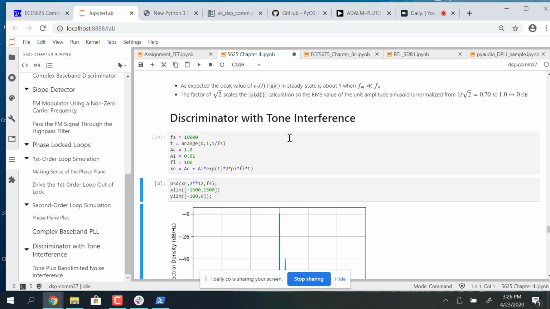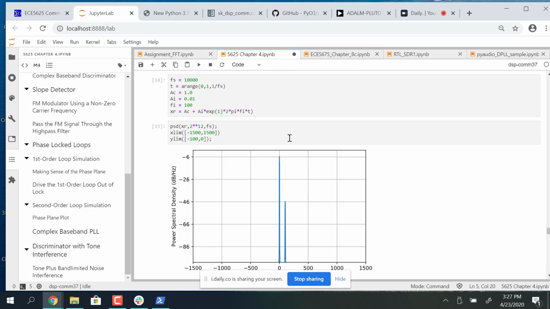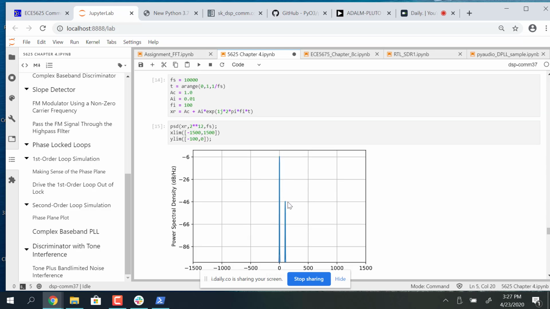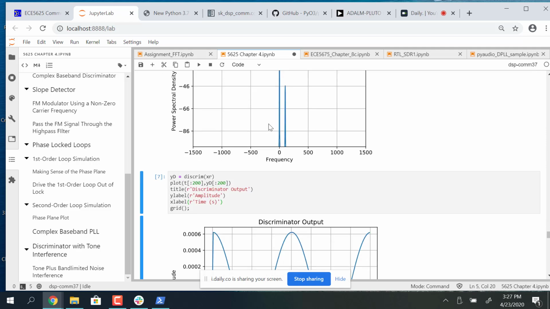So I'm going to capture 1 second, and then plot the power spectrum. I'm just looking at the received signal, I haven't demodulated it yet. Zero frequency is just the pure unmodulated carrier, because this is complex baseband, and then sitting above that is my interfering tone, which I've got set at 100 hertz relative to this 10 kilohertz sampling rate.